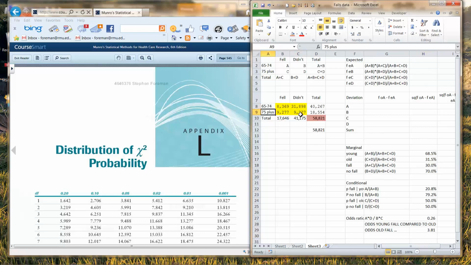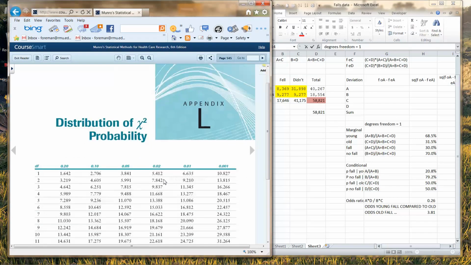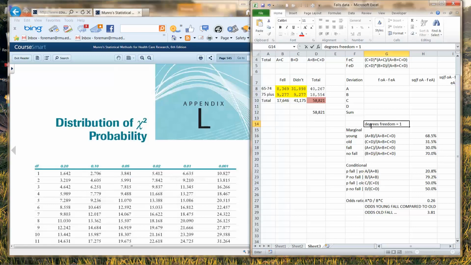Degrees of rows, 2 minus 1. 1 times 1 is 1. So our degrees of freedom equals 1 times 1, or 1. We go over to the probability distribution of chi-square, 0.05, 1 degree of freedom, 3.841.